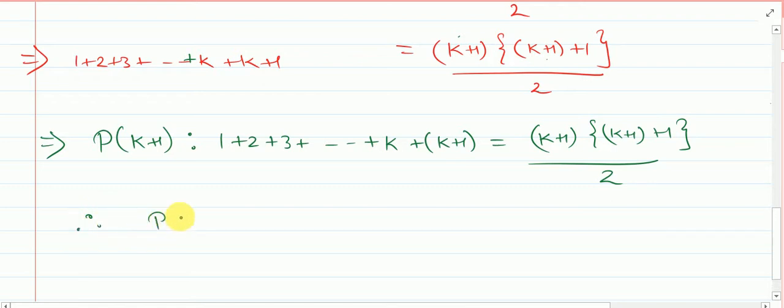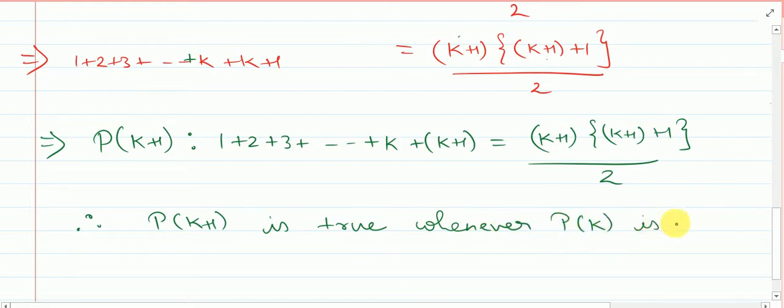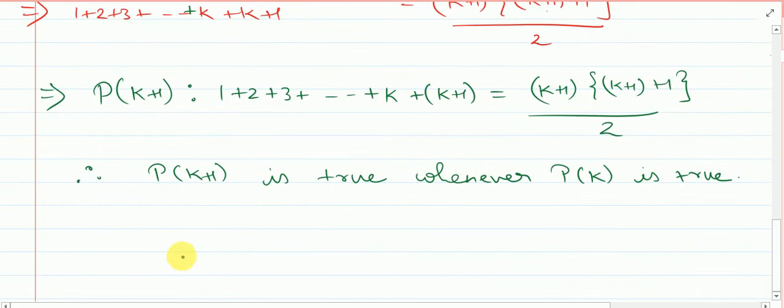Therefore Pk is true whenever Pk is true. So due to our assumption, we were able to show that this statement Pk plus 1 is also true. So therefore this is true.